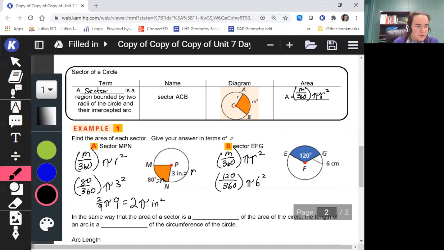And 120 over 360 reduces to 1/3, and 6 squared is 36. And then 36 divided by 3 is 12. So we've got 12 pi centimeters squared. Yes, pi will be part of your answer for nearly all of your answers today.